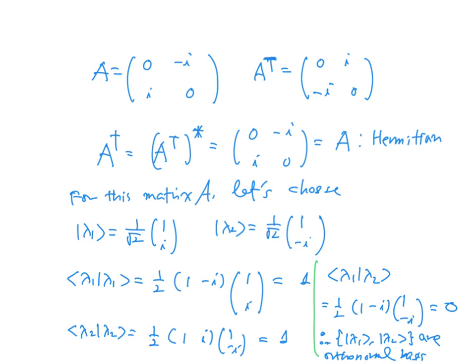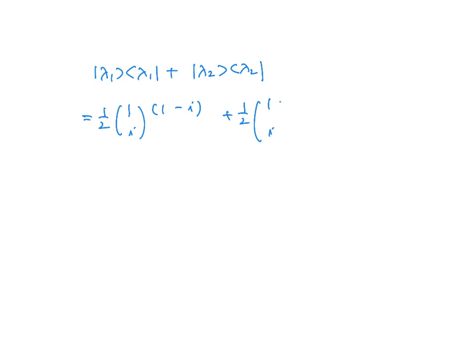And let's check if they satisfy the completeness and spectral theorem. So lambda 1 plus lambda 2 is one half times the matrix 1, minus i, i, 1, plus one half times the matrix 1, i, minus i, 1.